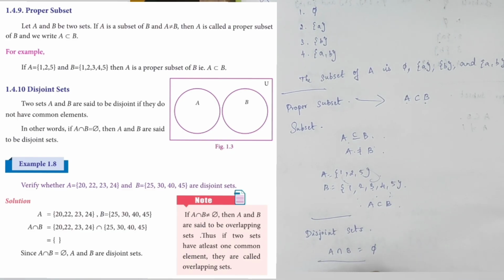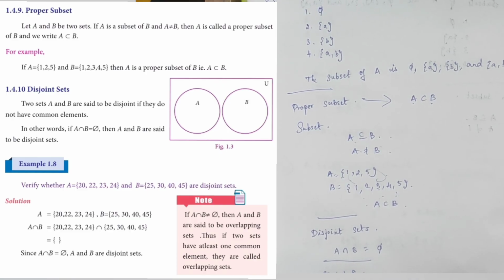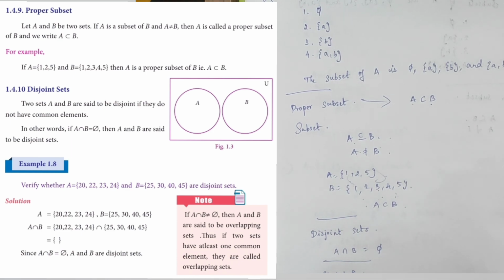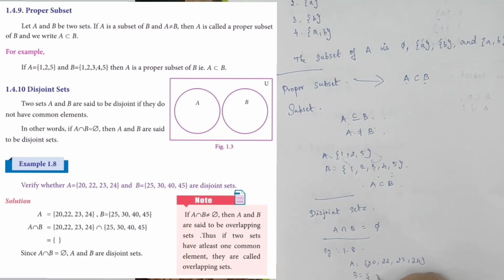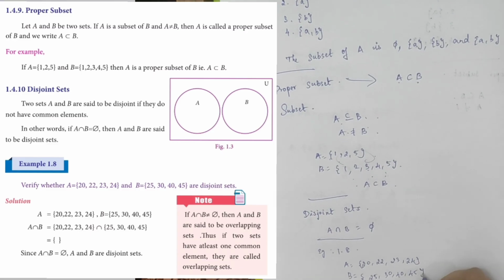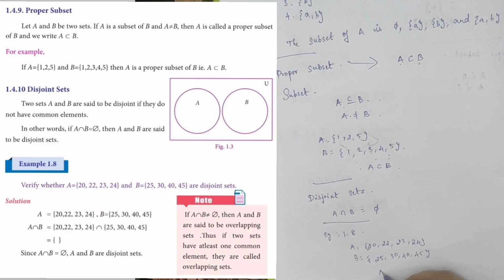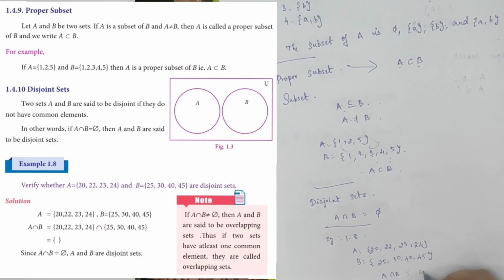Here I'm going to give you an example, example 1.8. A is equal to {20, 22, 23, 24}. B is equal to {25, 30, 40, 45}. Look at A and B. Are there any common elements? No, right? So A intersection B is equal to the null set.